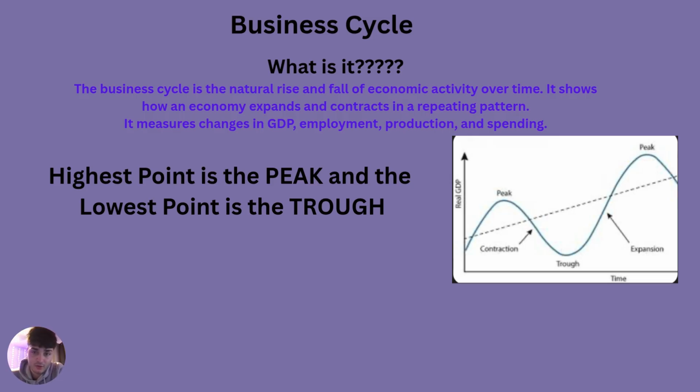A peak is when business is booming, you're making money, you have employees, your marketing is doing well. You're spending, but you're profiting off your products and what you do as a business in general. And the trough is the lowest point where things are not going as well. Your employment rate is going down. People aren't making as much. People aren't as happy as they should be. So it leads to less business being done and less money being made.